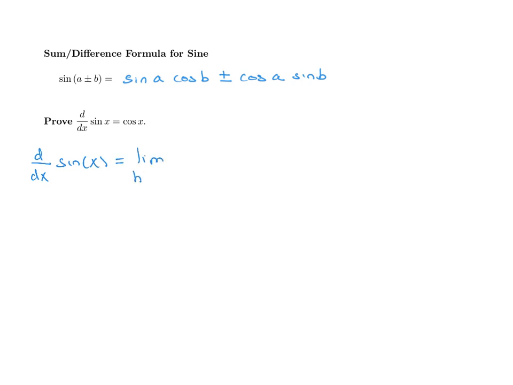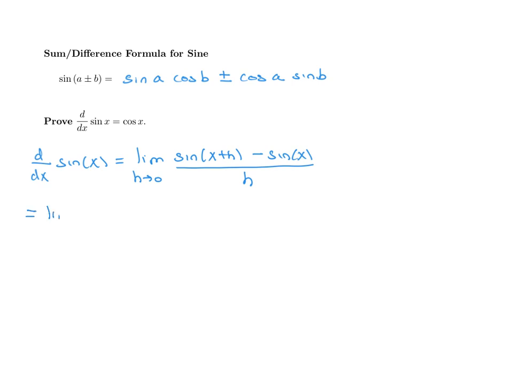We use the limit definition. The limit as h goes to 0 of sine of x plus h minus sine of x all over h. The reason I wanted to introduce this formula is because here we have sine of x plus h, and we can break this apart by using this rule, and that will be my next step.